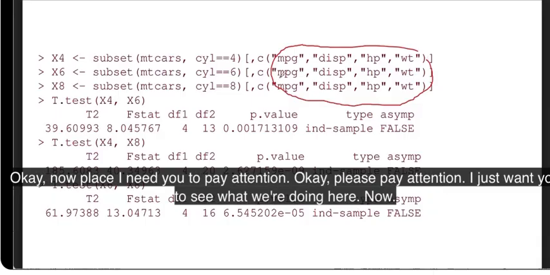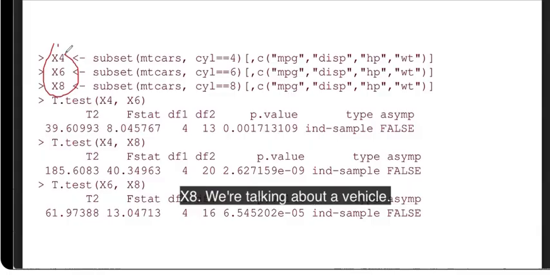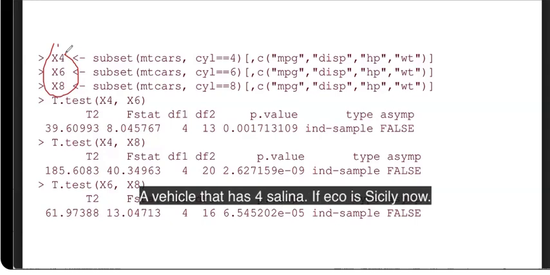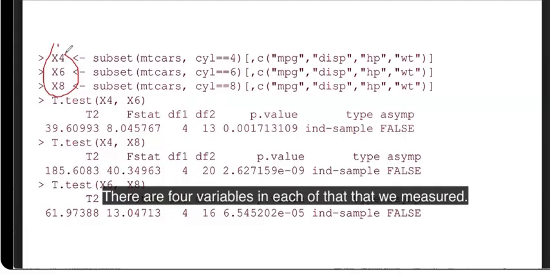We have X4, X6, X8, which are a vehicle with four cylinders, a vehicle with six cylinders, and a vehicle with eight cylinders. For each of them we measured the four variables, such as miles per gallon, and so on.